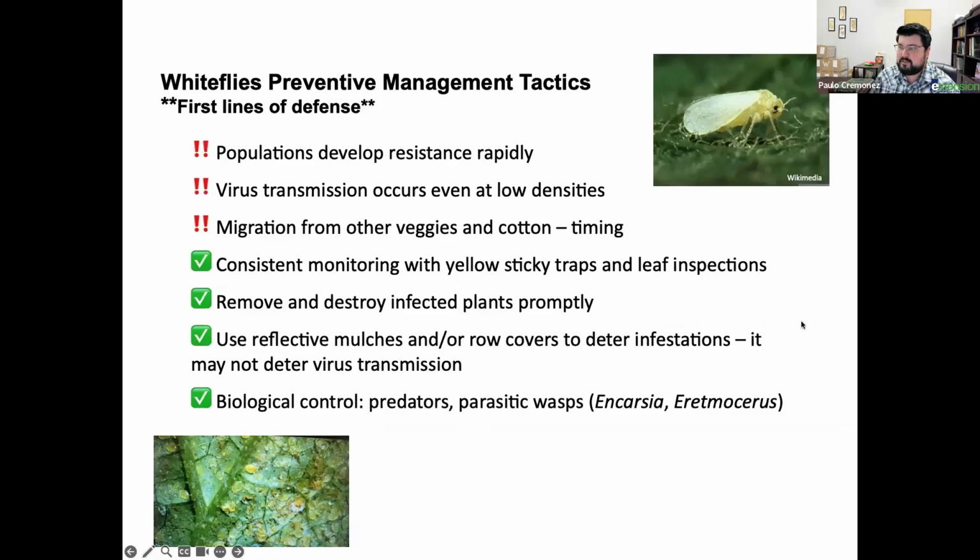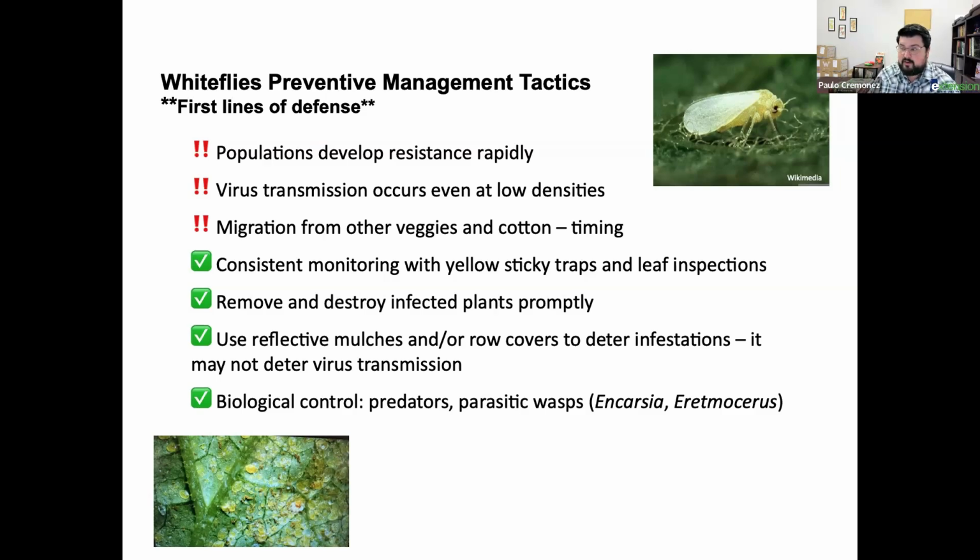For preventive management tactics, again, you can use the first line of defense, just like for thrips. Like I say, the populations develop resistance quickly, so we have to always rotate the chemicals. Virus transmission can occur even at low densities, so even with the first line of defenses.